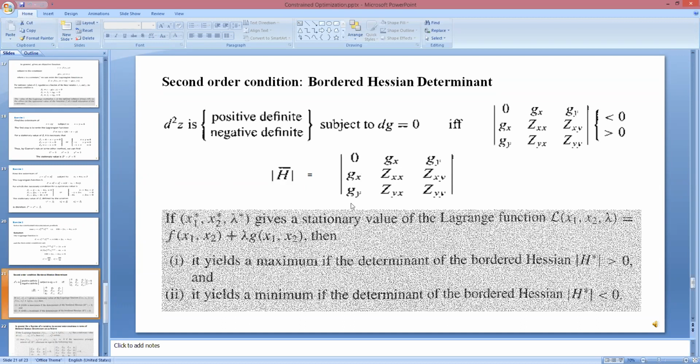So this expression can be rewritten as Z lambda lambda, Z x lambda or lambda x, Z y lambda or lambda y. If you write this as x lambda, y lambda, then write this expression as lambda x, lambda y.